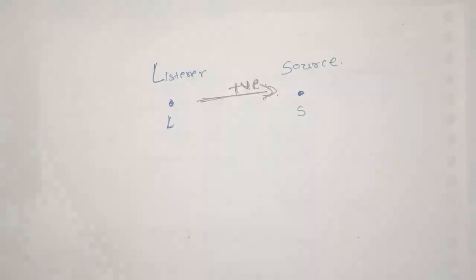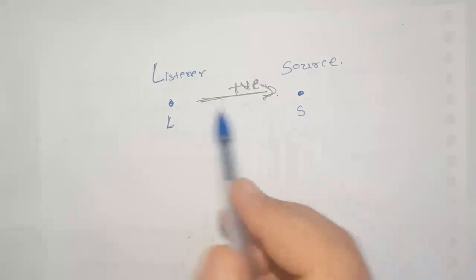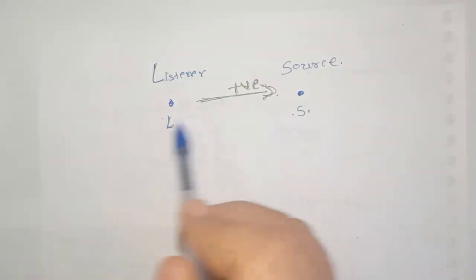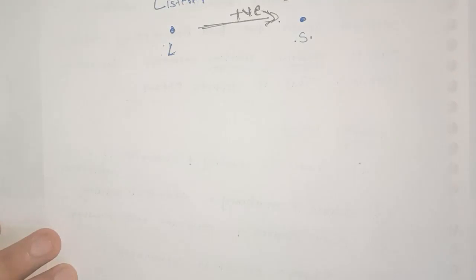You can remember it in this way, that in the alphabetical order L comes first and then the S. So L to S is taken positive, so automatically the S to L direction will be negative. So let us see different cases.